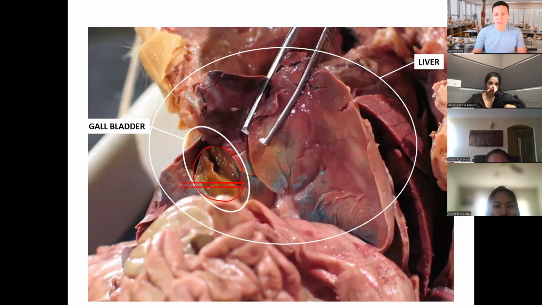Bile that is produced by the liver is going to go inside the gallbladder and be stored and concentrated there. When we eat a fatty meal, now we're going to have bile being injected into the duodenum of the fetal pig or our body, and the bile is going to break down fat.